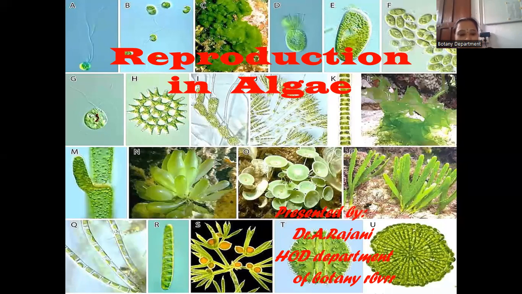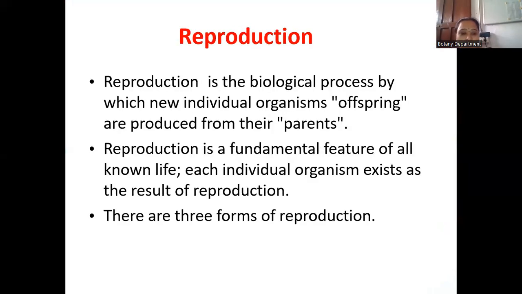Reproduction here means the biological process by which new individual organisms, called offspring, are produced from their parents. Reproduction is the fundamental feature of all life. Each individual organism exists as the result of reproduction.